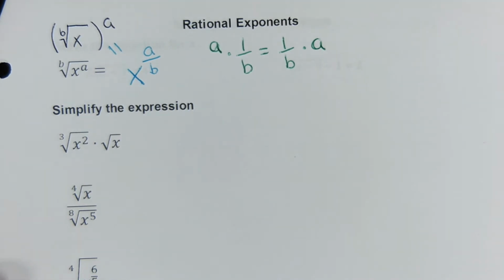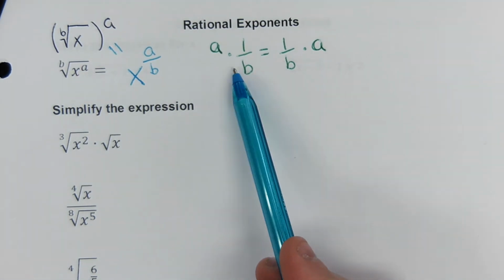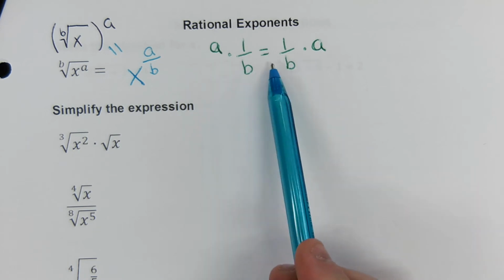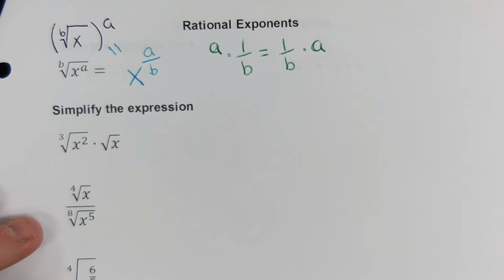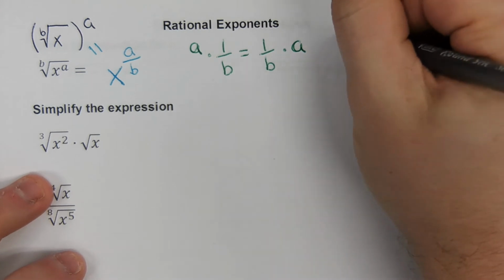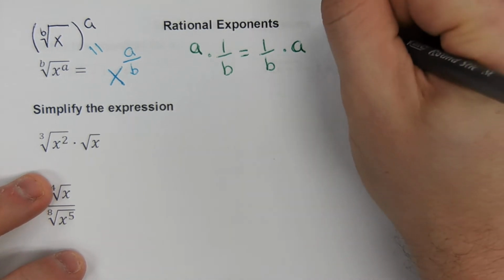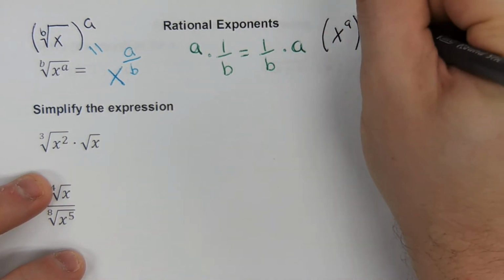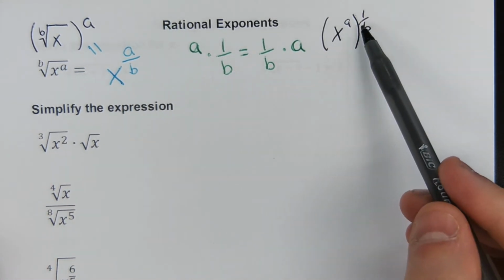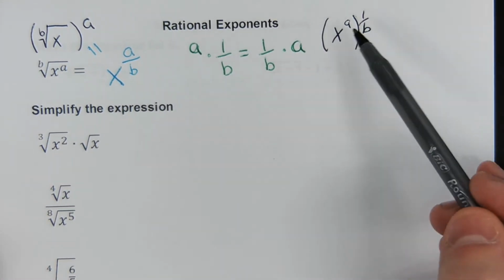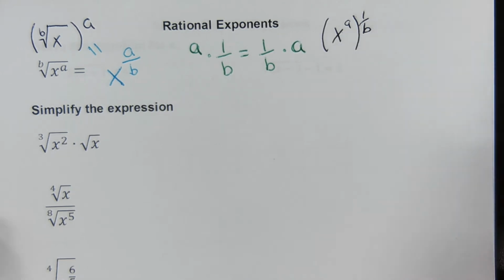And the reason why is because the order of the exponents is unimportant. Remember, power to a power, you multiply the exponents, right? What I could have done is I could have said this was x to the a raised to the 1 over b, which is why it's x to the a over b, because when you raise a power to a power, you multiply the exponents.